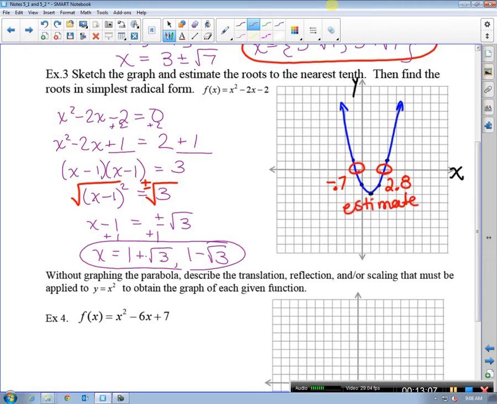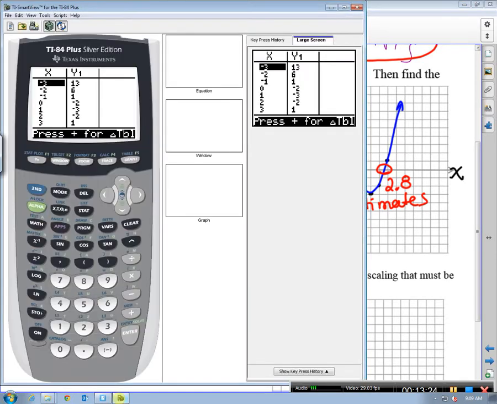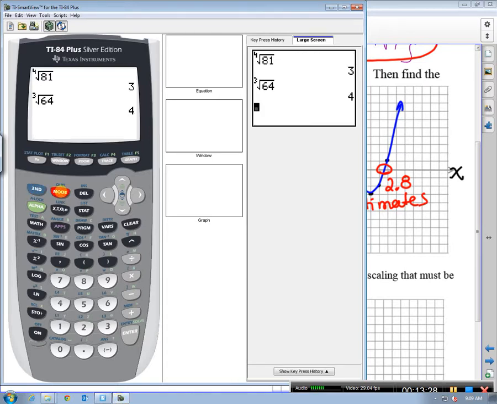Now, how can I see if those estimates are close? Well, let's take our graphing calculator and actually evaluate these expressions. So type in 1 plus the square root of 3 and type in 1 minus the square root of 3.